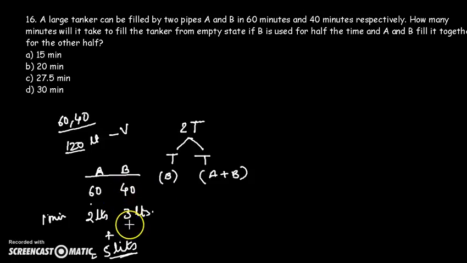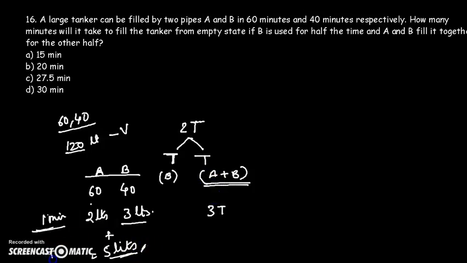Since B pours in 3 liters in 1 minute, for time t, B will pour in how many liters? 3t liters. Agreed? Now, how about the second time period where both A and B are working? Together in 1 minute, A and B can pour in 5 liters.